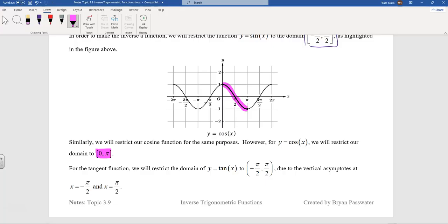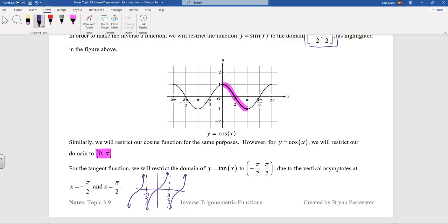And then tangent, they didn't graph tangent for you here, but tangent, remember, looks like this at pi over 2 and negative pi over 2. You've got those vertical asymptotes. And then the graph does like this, and then it does like that again and again, and over here, does like that again.